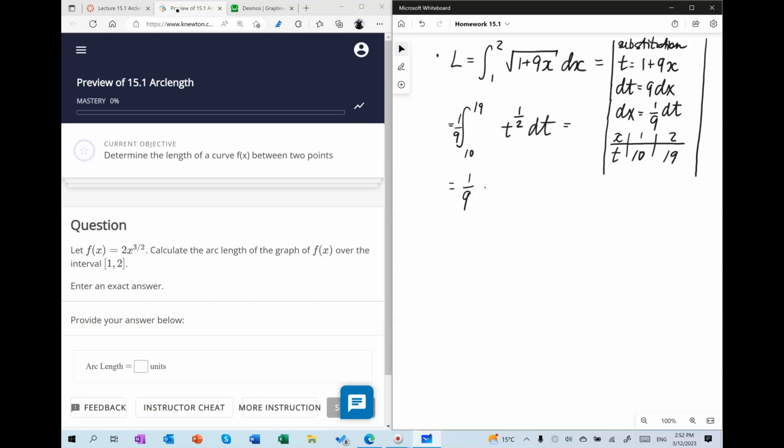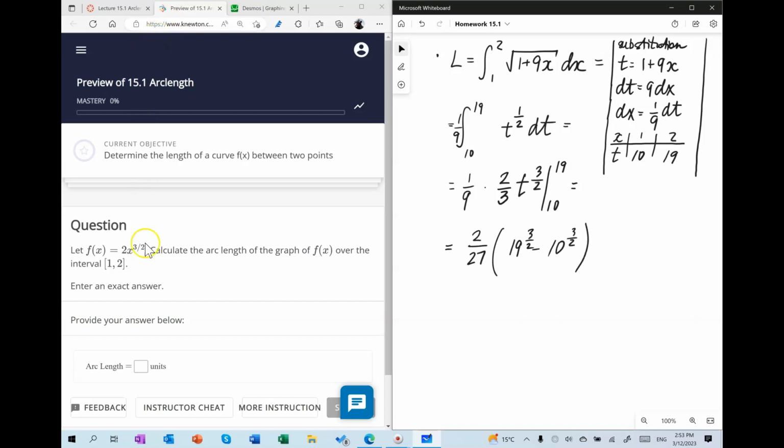So we definitely have a simple application of the power rule for integrals, and it's going to be 2/3 t to the power 3/2 from 10 to 19. Simplifying, we get 2 over 27 times 19 to the power 3/2 minus 10 to the power 3/2.